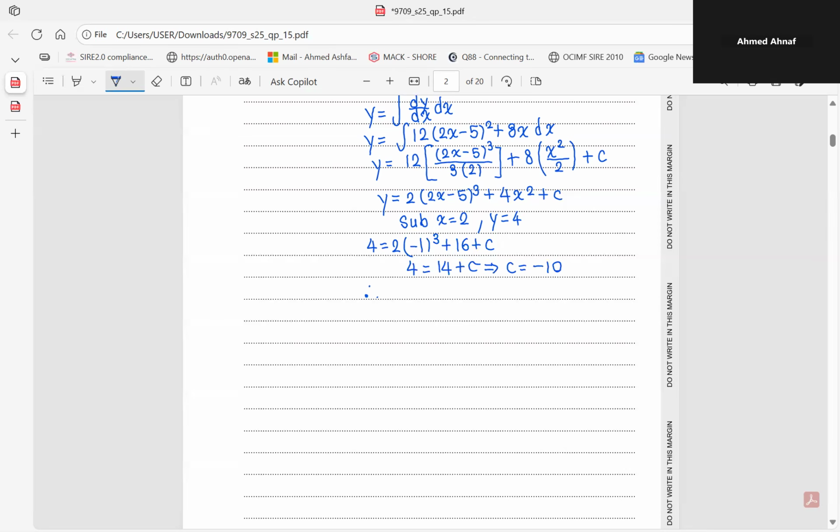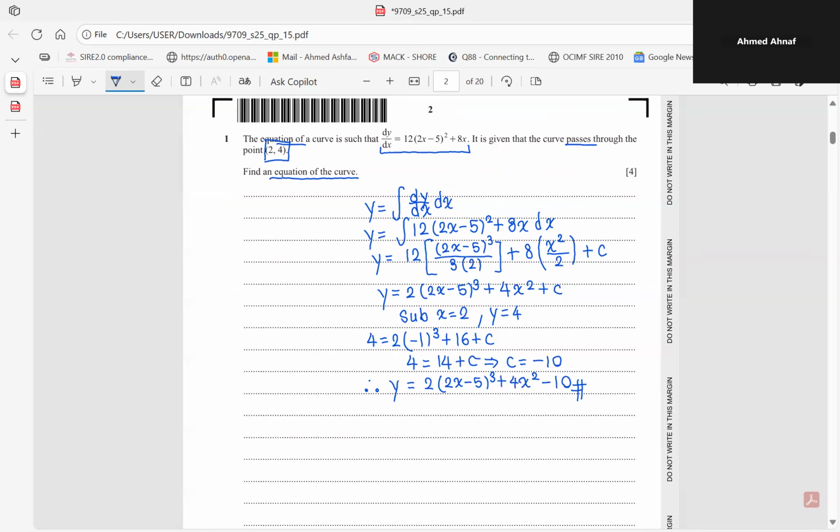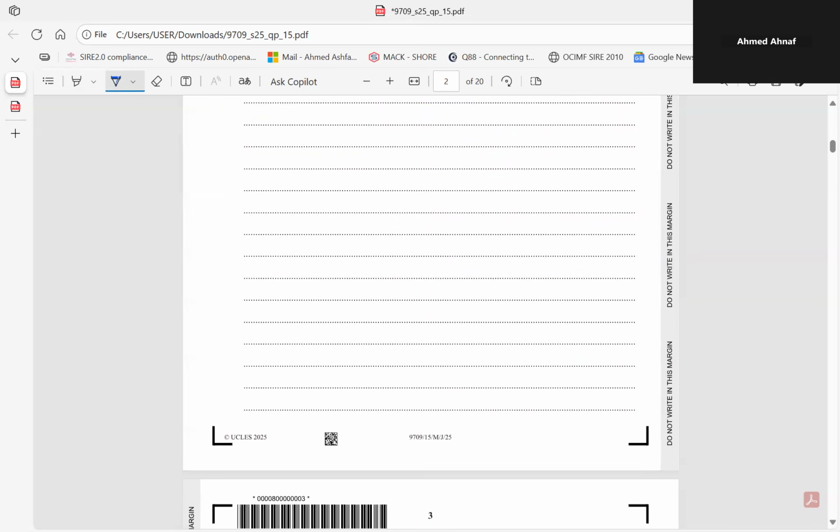Hence, our final answer would just be y equals 2 times (2x minus 5) cubed plus 4x squared minus 10. So this would be our final answer for this question. Let's head on to the next question.